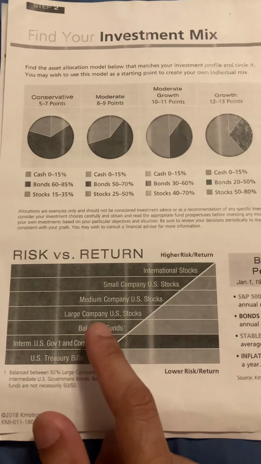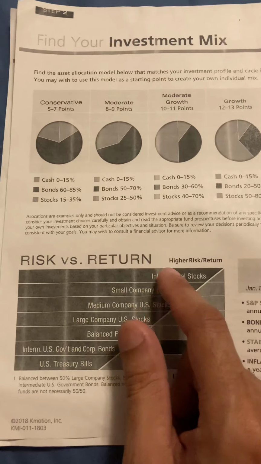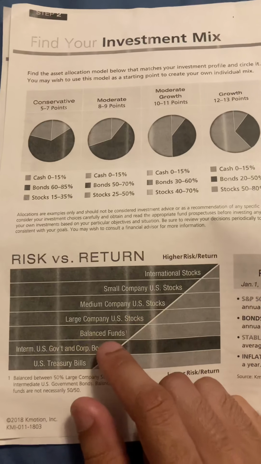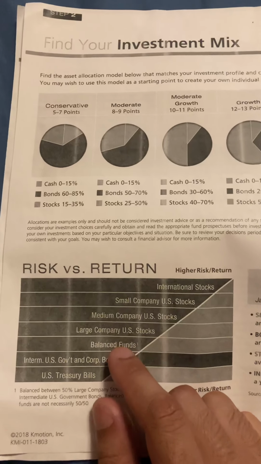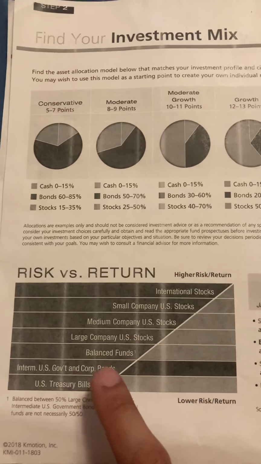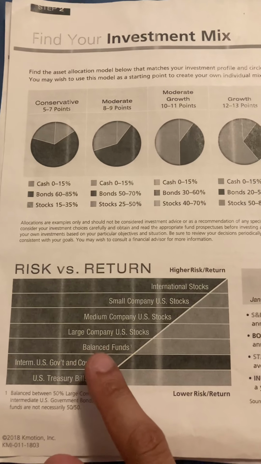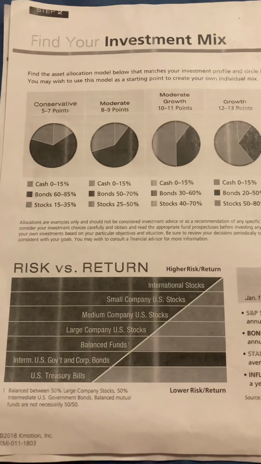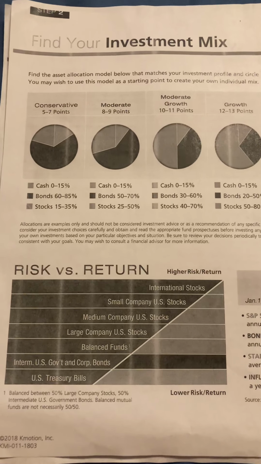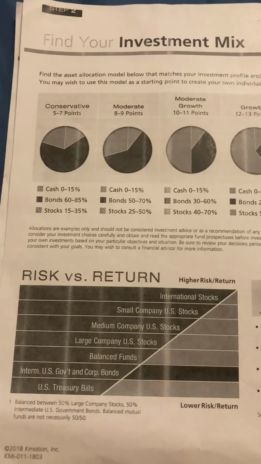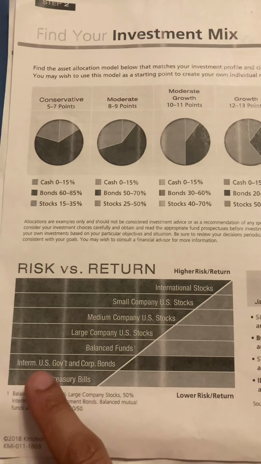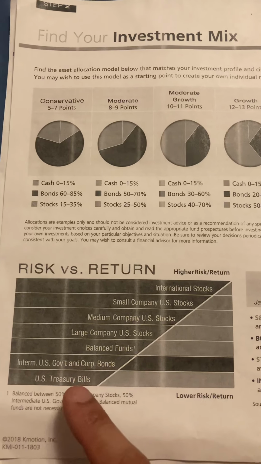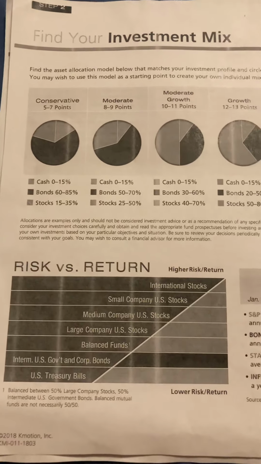And balanced funds can include a mix of these, as well as a mix of bonds or mutual funds or ETFs and all the other varieties. Now, interim US government and corporate bonds, again, that just has to do with bonds.